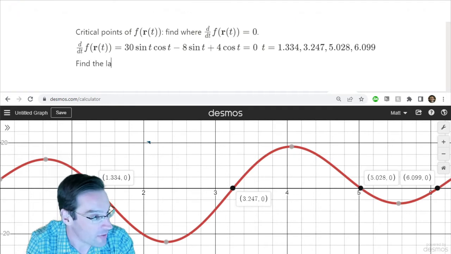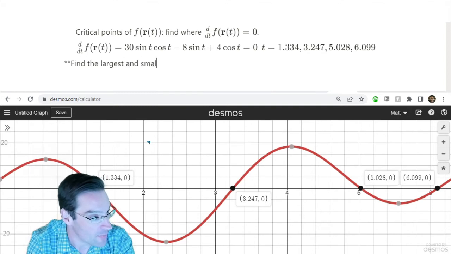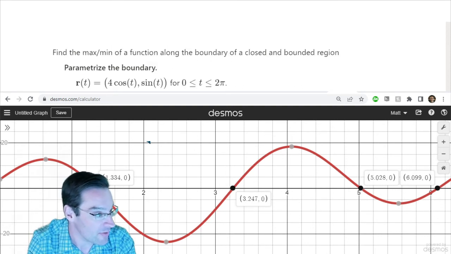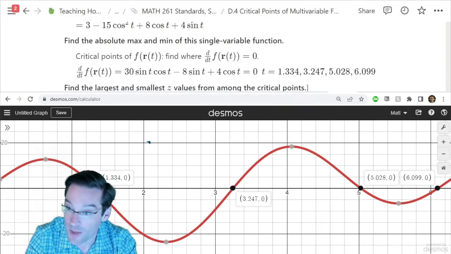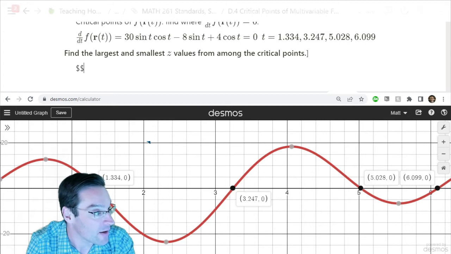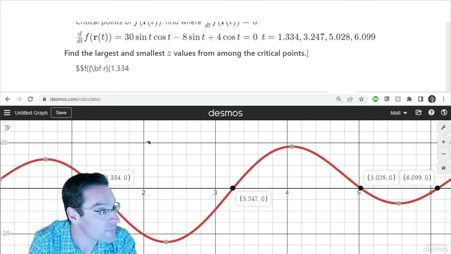So find the largest and smallest z values from among the critical points. Right, in the usual single variable calculus type of strategy. So I'll just find what is f of r of each of those, 1.334.